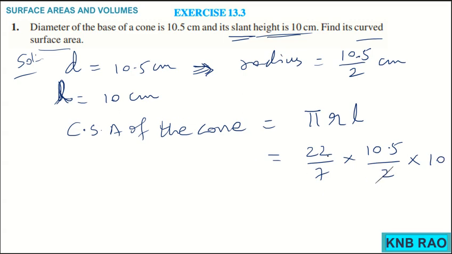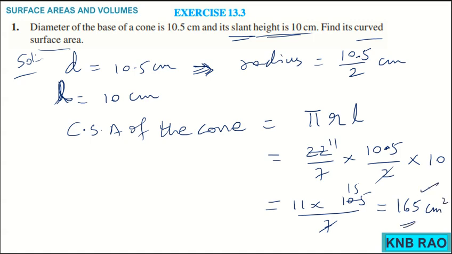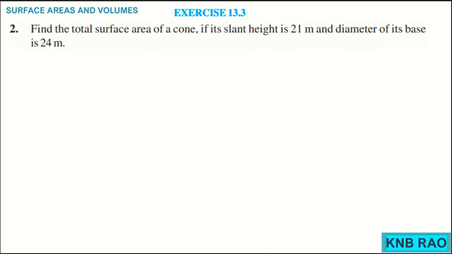So this 2 cancels with the 22, 11 times, and this 11, 10.5 into 10 becomes 105 by 7. So 7 ones are 7 and 7 fives are 35. So the product of 11 and 15 is 165 centimeter square, the curved surface of the cone. Okay, you can do the conclusion. Moving on to question number 2.